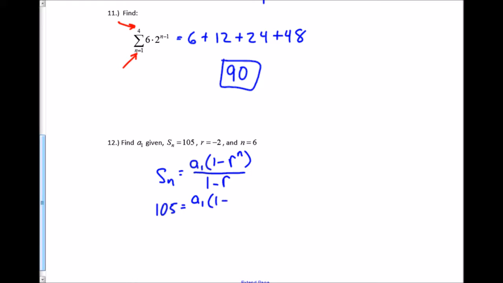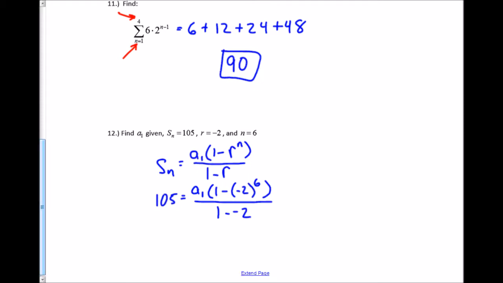I've got 1 minus r, which happens to be the -2, raised to the n, which is 6, all over 1 minus the -2. And that's my r value. And you just have to be pretty careful here, especially right here with these signs, the negative and the negative. The temptation is to make that adding the opposite, but we have to follow order of operations.